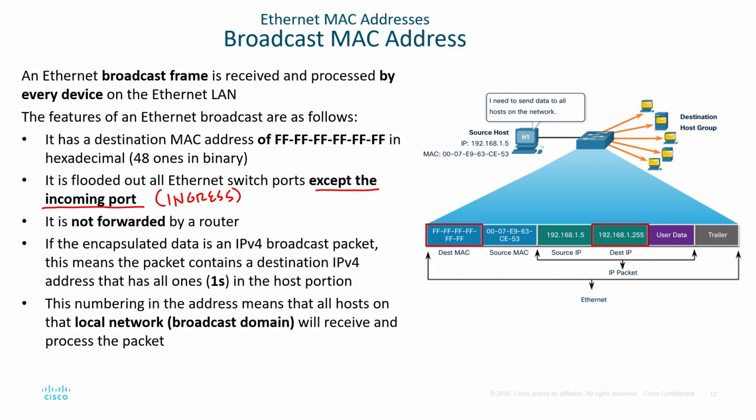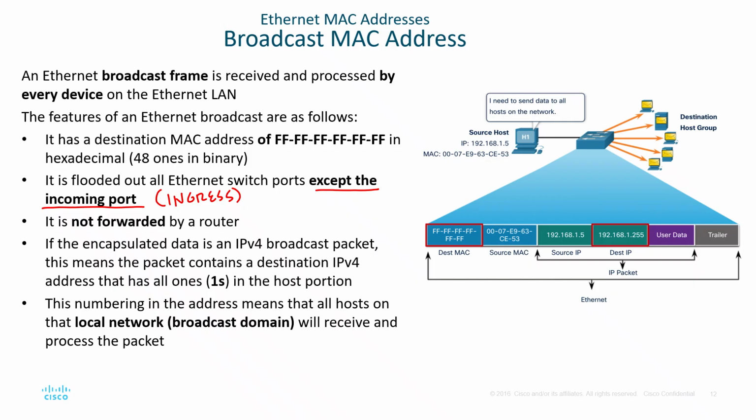If the encapsulated data is an IPv4 broadcast packet, this means the packet contains a destination IPv4 address of all ones. Now think back to your binary. If I convert all ones from decimal to hexadecimal, we should all agree that it is definitely going to be Fs, right?